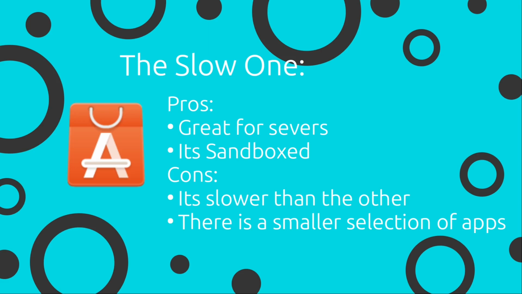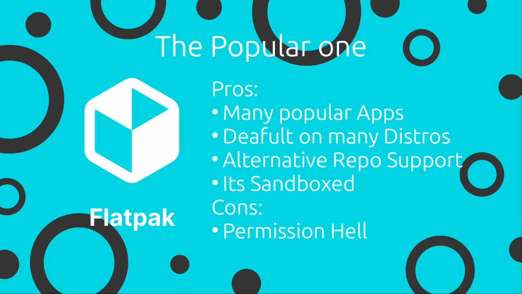So yeah, the popular one is Flatpak. There are many popular apps, and it's the default on many distributions. It has alternative repository support, which means you can use Flatpak with more than just Flathub, as its repo is called, and it's also sandboxed, just like Snap. Sandboxed basically means that no app can ruin anything because it's in its own little container, right? It can't spoil anything else.